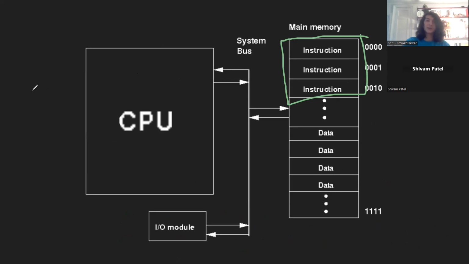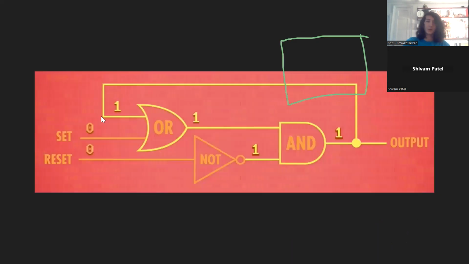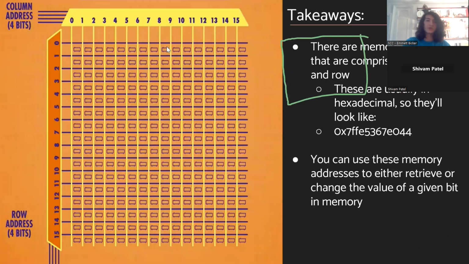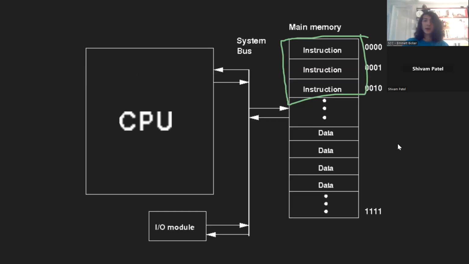So in the charts from earlier, the instructions would be in memory location 0, and then the next one will be in memory location 1 and whatnot. But all of the instructions will be one after another in my memory, and then my CPU will just read those instructions one after another, and it will execute the commands in those instructions.